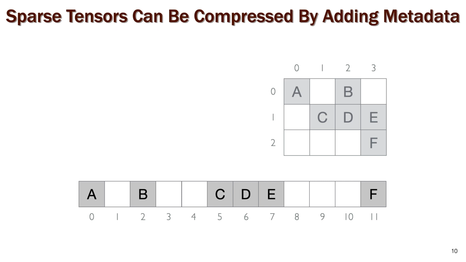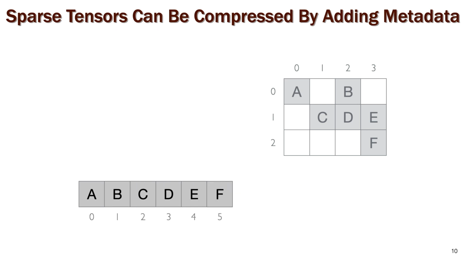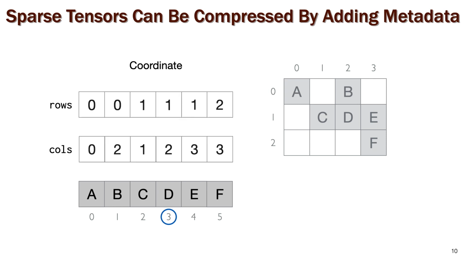So instead of doing that, you want to represent only the non-zero values. So you keep them here. Now how do we find a row and a column? There's no other data. I don't know where it is. So I need to keep some extra data. One way to do that is to keep both row and column coordinates. Now it's very easy to find 1, 2.